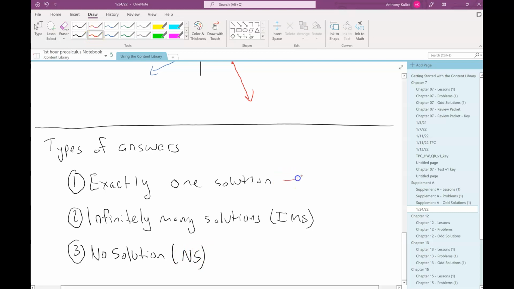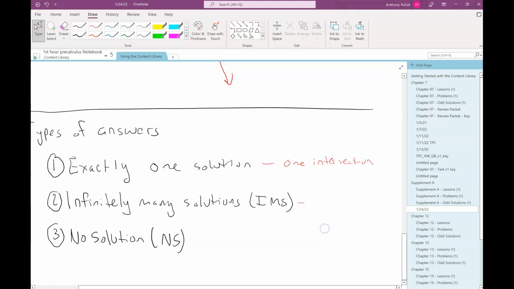So when we have exactly one solution, that's one intersection that we're looking at on the graph. When I have infinitely many solutions, I have my 2 lines overlap. So basically, on my calculator, it just looks like there's one line there.